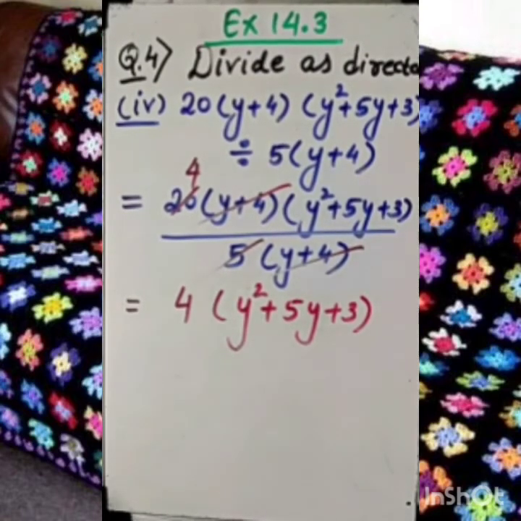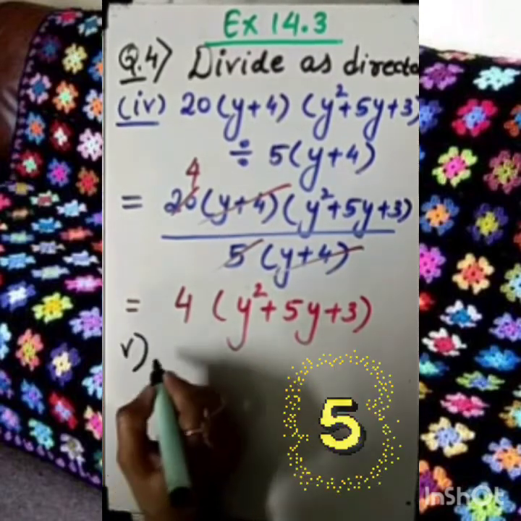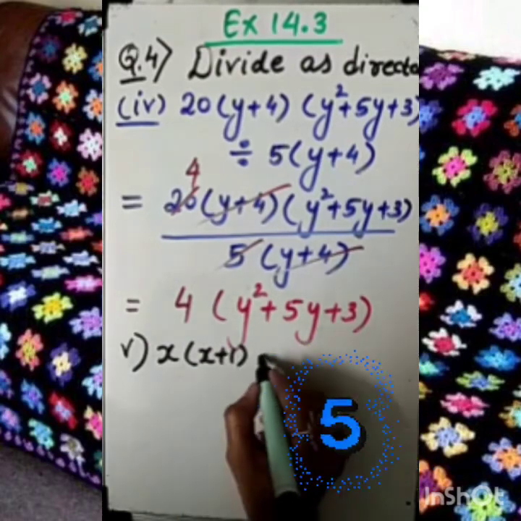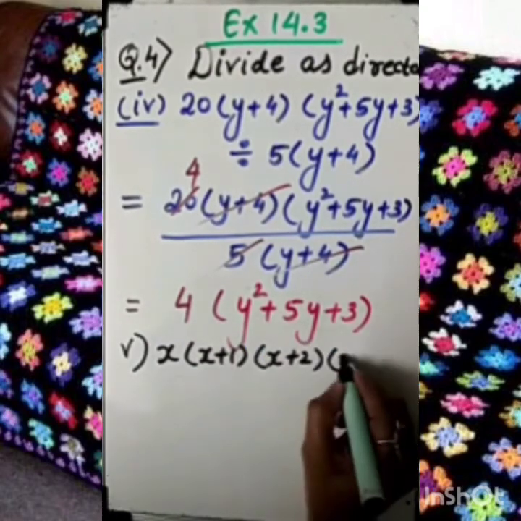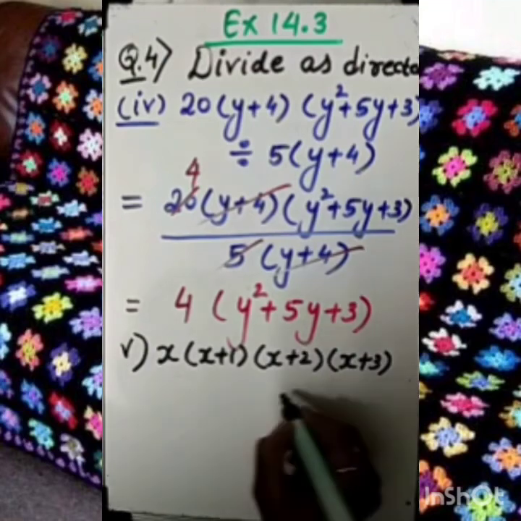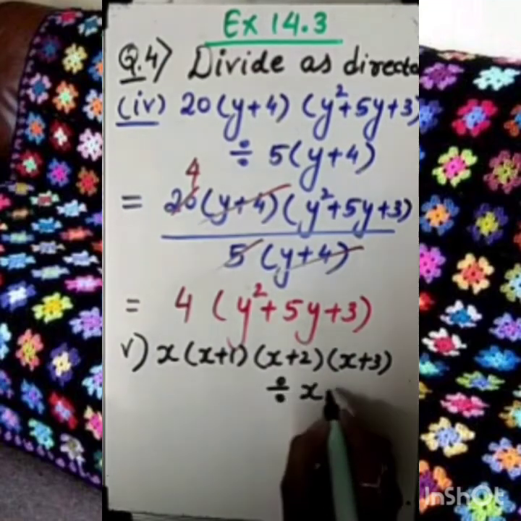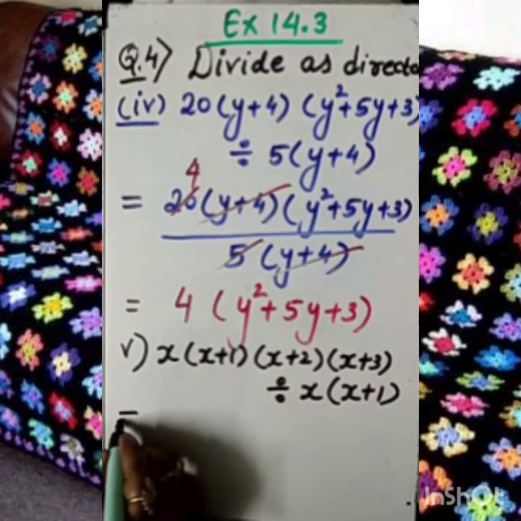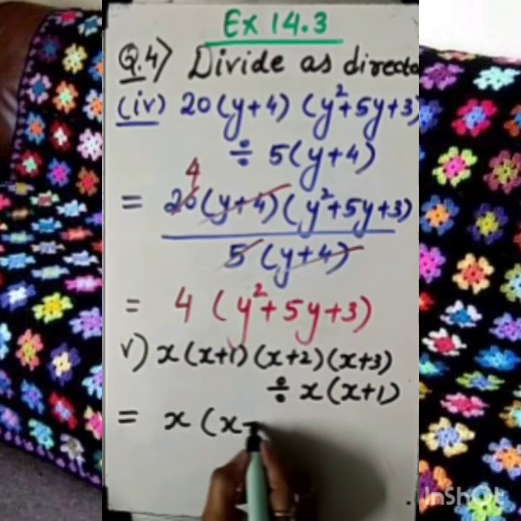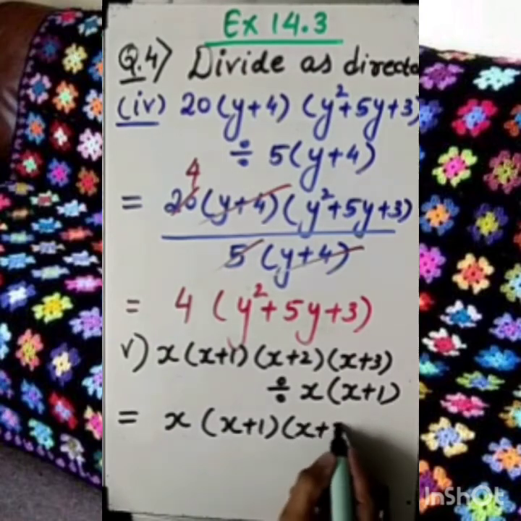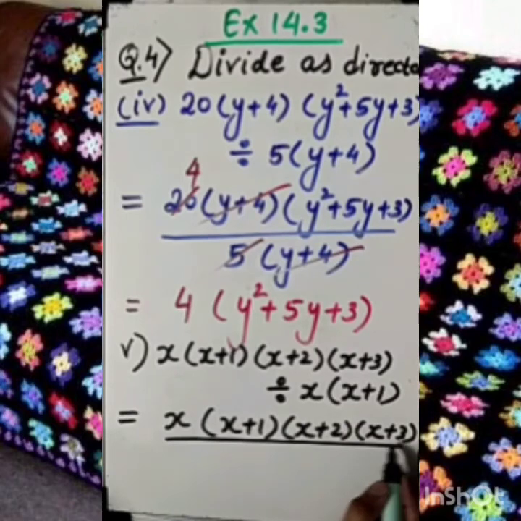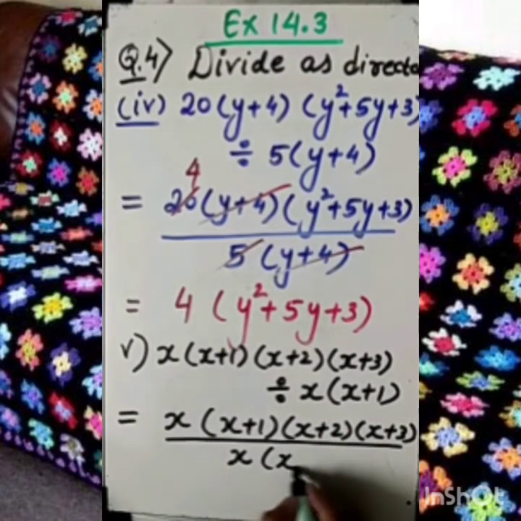Now, the fifth is also easy, dear student. The question we are given for the fifth I am mentioning here: x(x plus 1)(x plus 2)(x plus 3), which is divided by x and x plus 1. So in this I am going to write x, x plus 1, x plus 2, x plus 3 in the numerator, which we are going to divide by x and x plus 1.